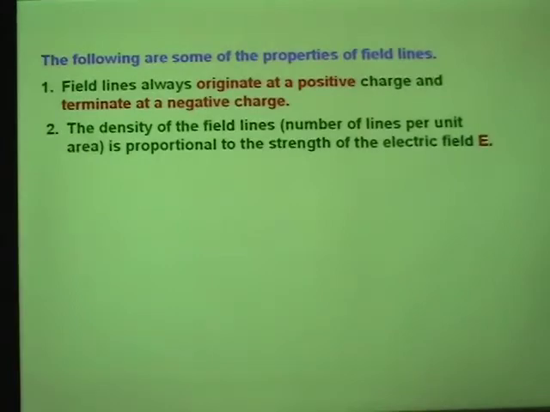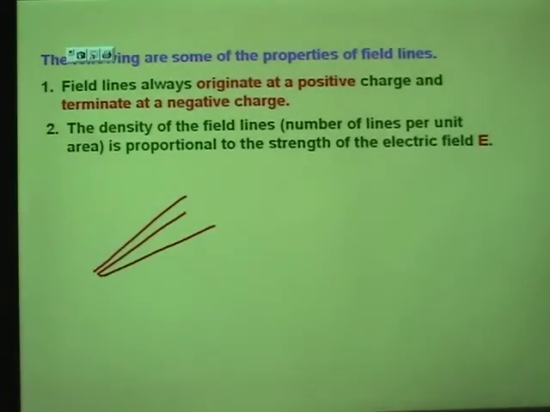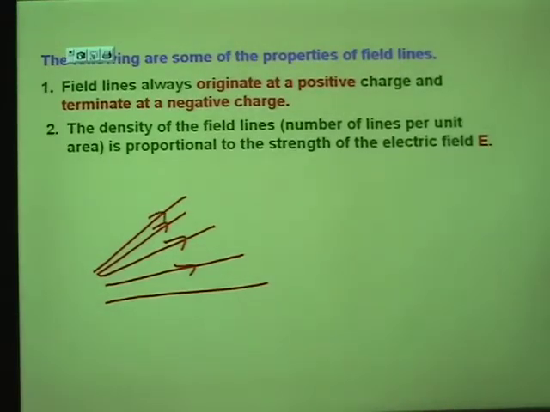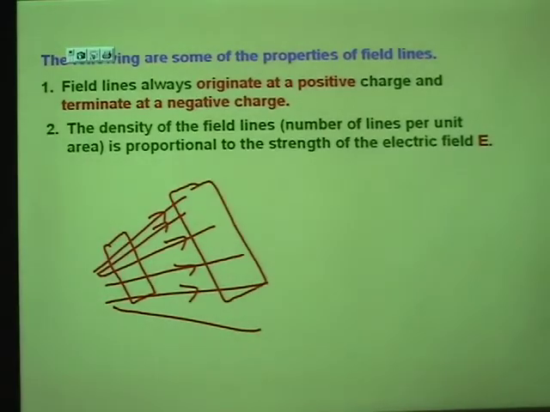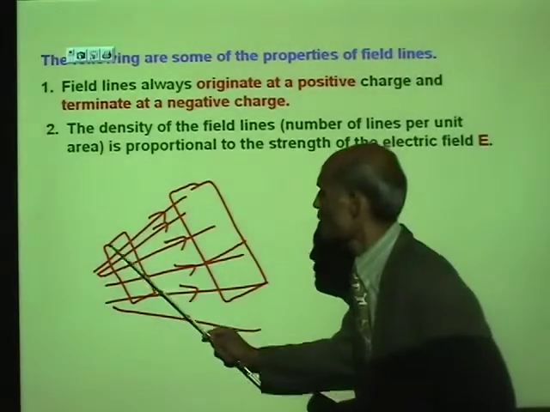What that means is, if the field lines are all crowded together, now look at this. Now I'm drawing some field lines. A field line should always be indicated by the arrow. Now I drew two rectangles. Well, I should have drawn both rectangles of the same area. Now, look at this rectangle.